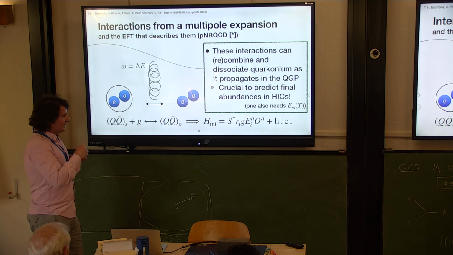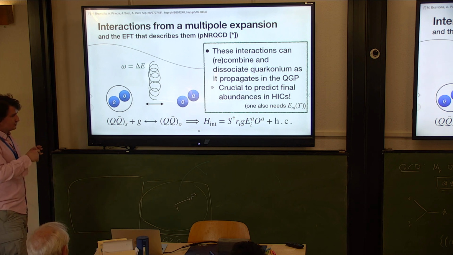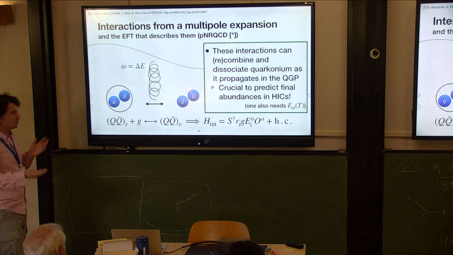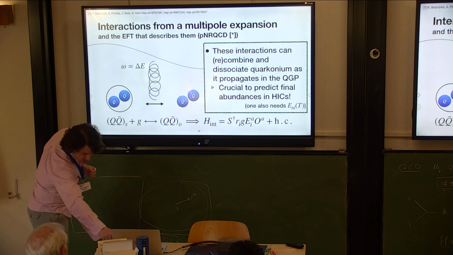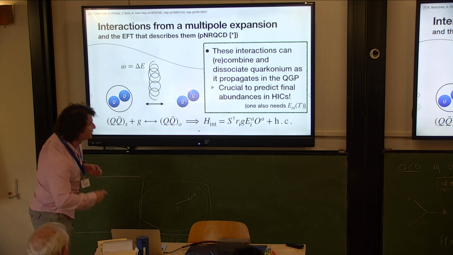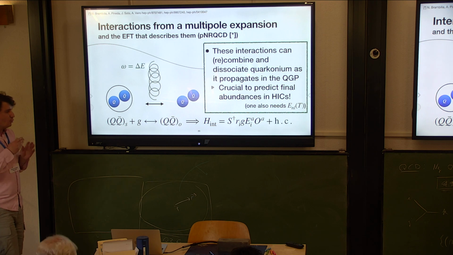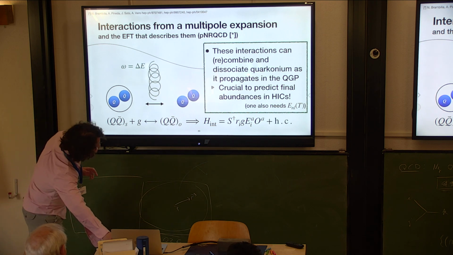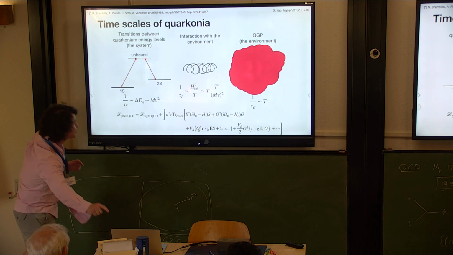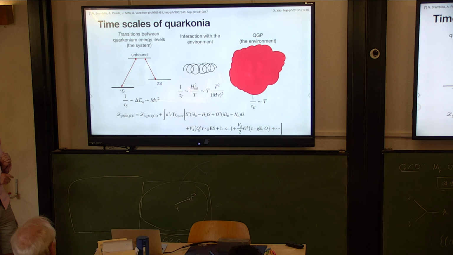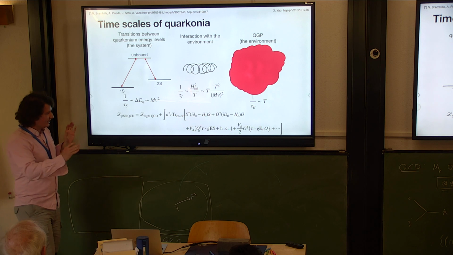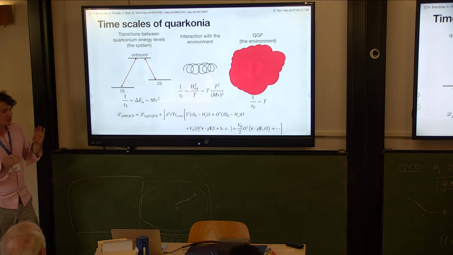And if you want to have a microscopic picture to compare with data, you have to do this. Of course, I'm not going to get all the way there in this talk. I'm going to show you what you have to do, and that's essentially the research program I've pursued in my PhD.